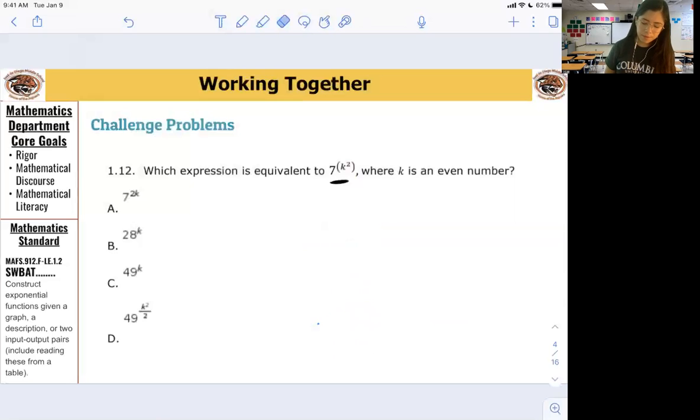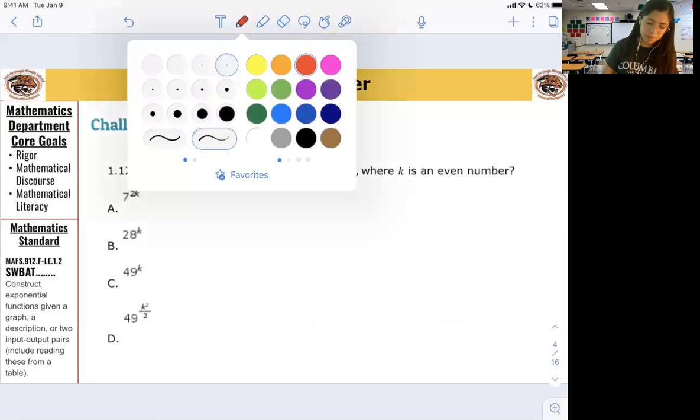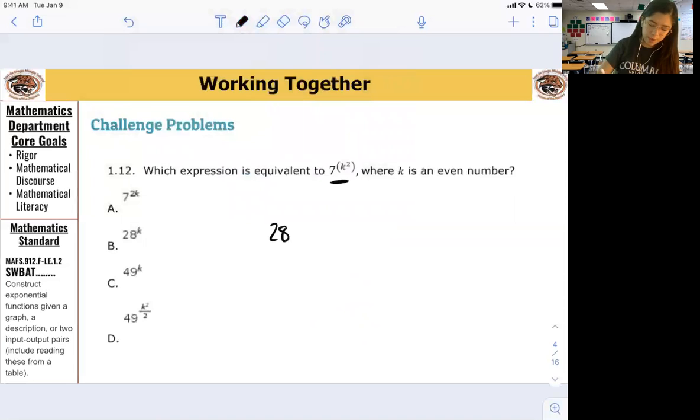What about B? 28k to the power k. How is 28 related to the number 7? Are they related at all? Is there any relationship between 7 and 28?